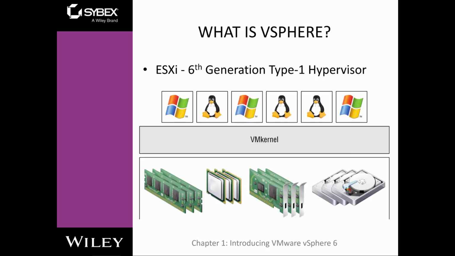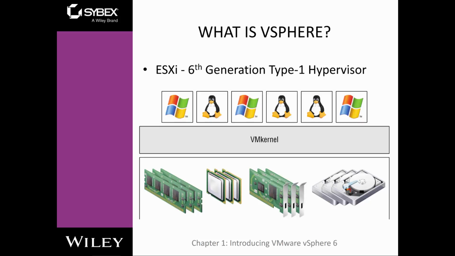So what is vSphere? vSphere is the 6th generation Type 1 hypervisor. We normally call it ESXi. ESXi actually is the software that runs directly on the hardware. So you have hardware, then you have the ESXi software, and then on top of that you have the VMs.